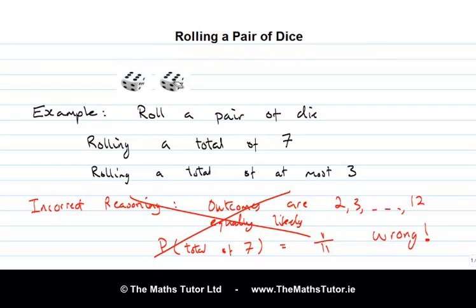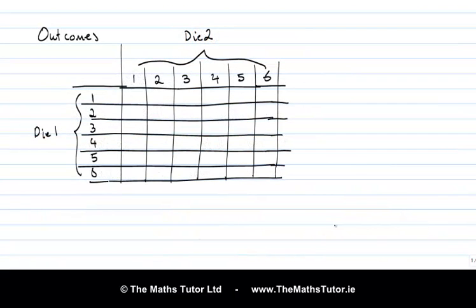To list the outcomes of rolling a pair of dice, perhaps the easiest way is to use a two-way table. So we want to make a two-way table listing all the possible outcomes. Along the left here, we've listed the possible outcomes when we roll die 1, and along the top here, we've listed the possible outcomes when we roll die 2.